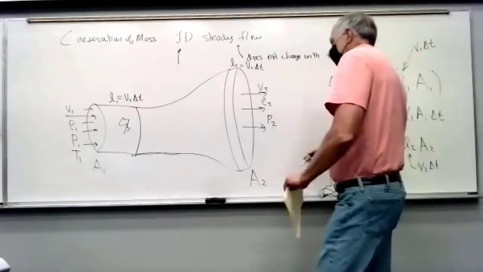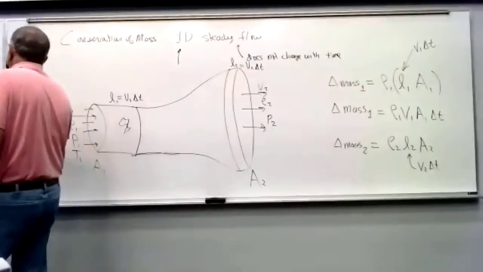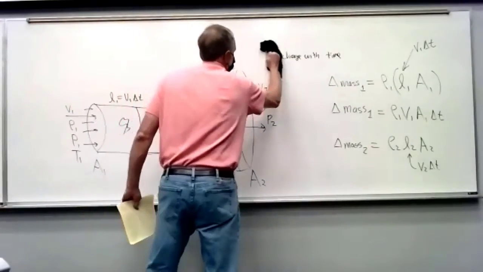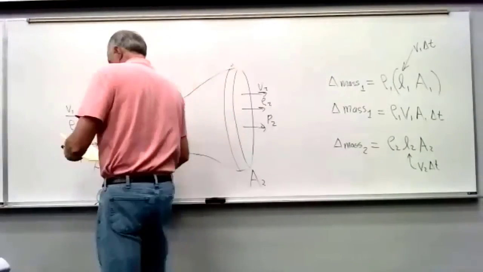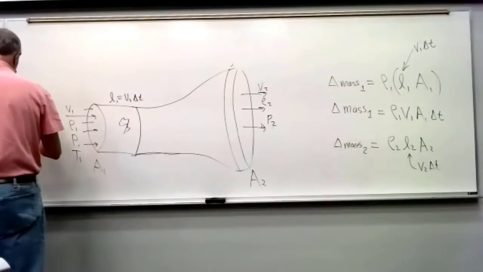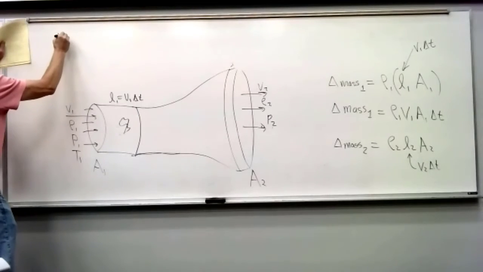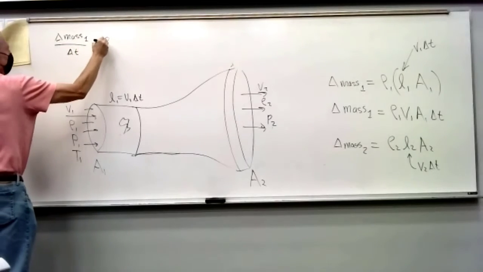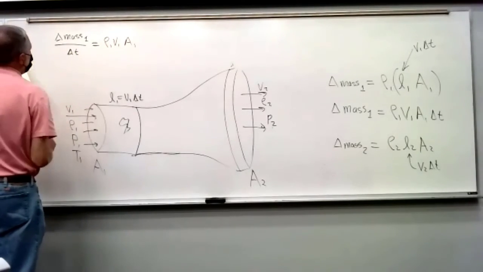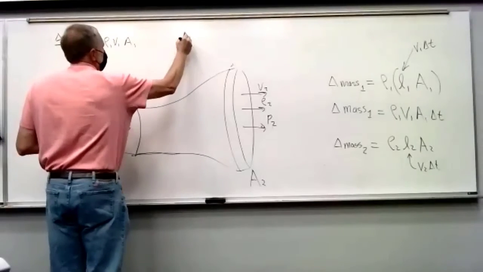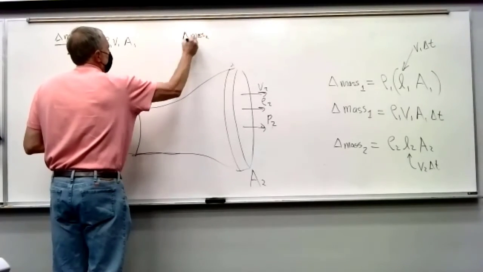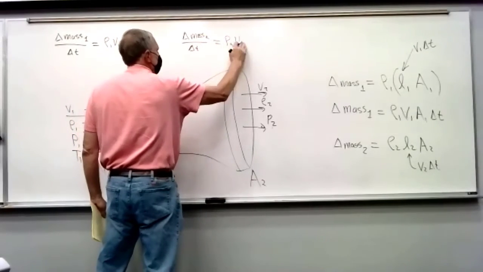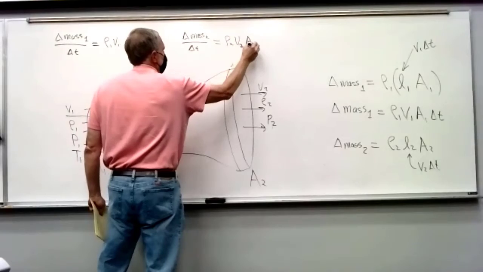And in fact, we often like to write this not as delta mass in delta t, but as mass flow rate. So delta mass 1 over delta t is rho 1 v1 A1. And then the delta mass at the other end divided by delta t is rho 2 v2 A2.